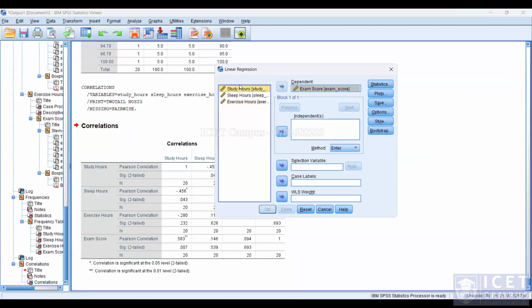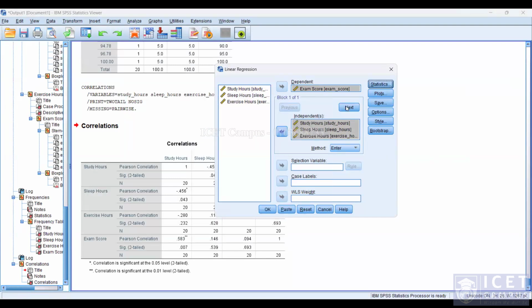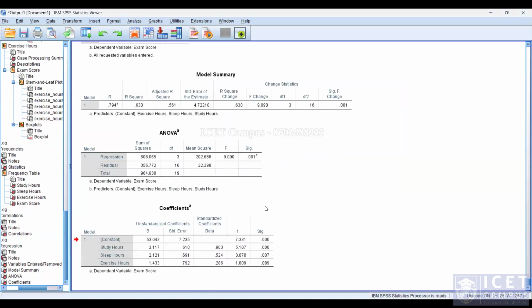There are three independent variables. Right, the coefficient table is also there.